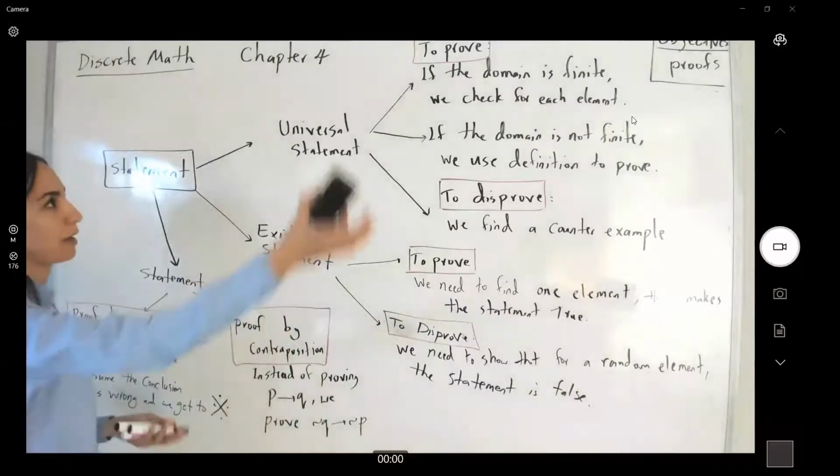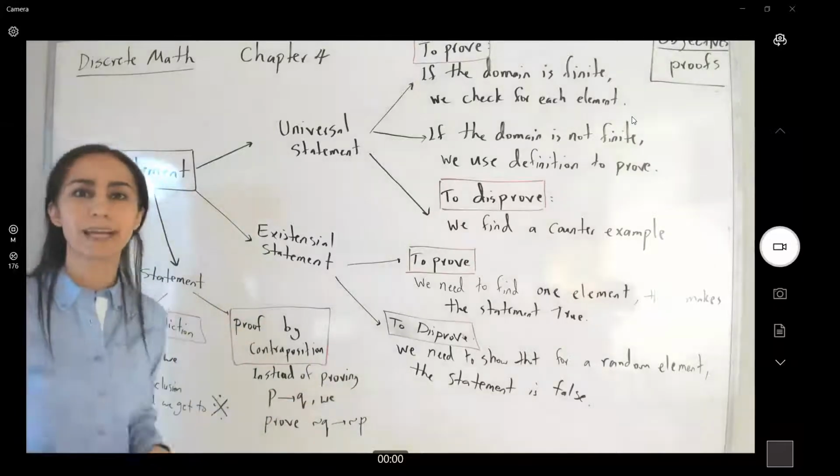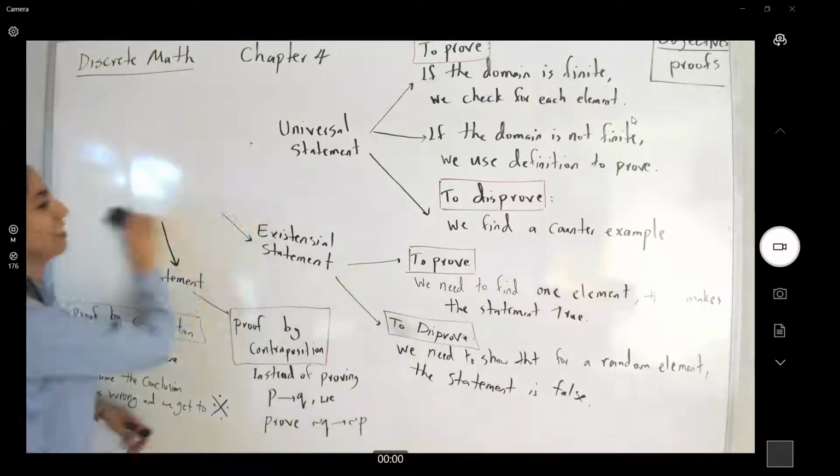Very well. So, okay, we talked about different types of proofs. Give us an example. Sure, let us begin.